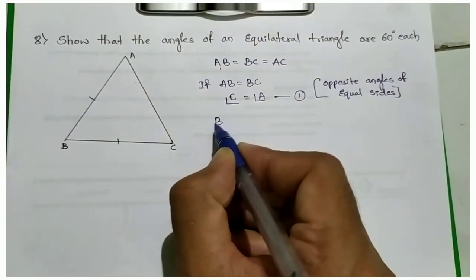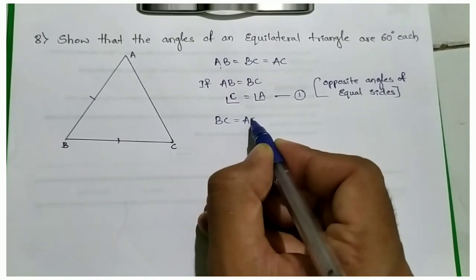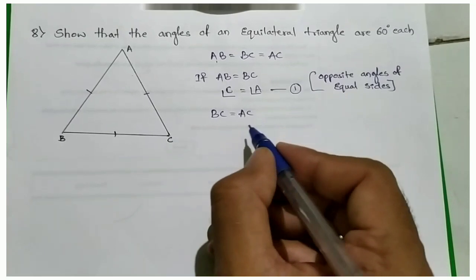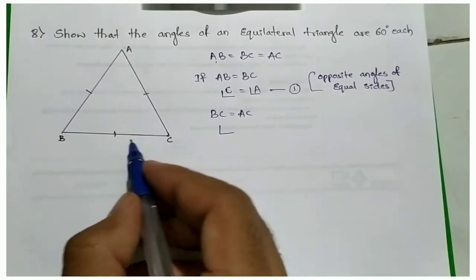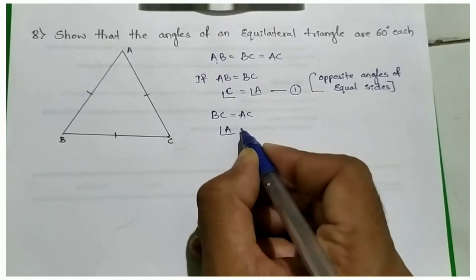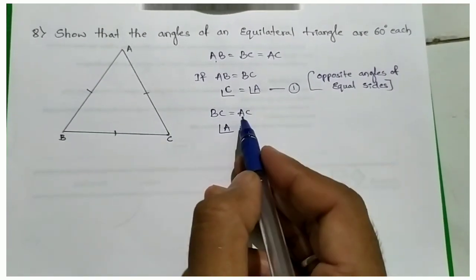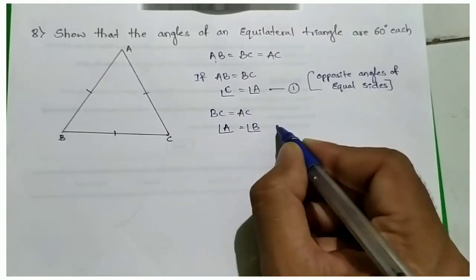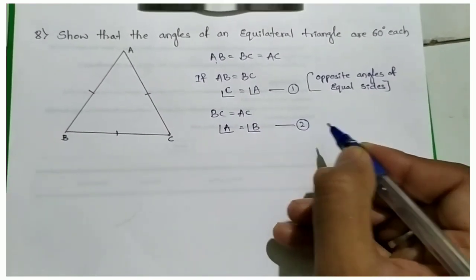Similarly, BC equal to AC, then opposite angles will be equal. Which are those? For the BC, angle A is there, and for the AC, opposite will be angle B. So let's take equation number 2.